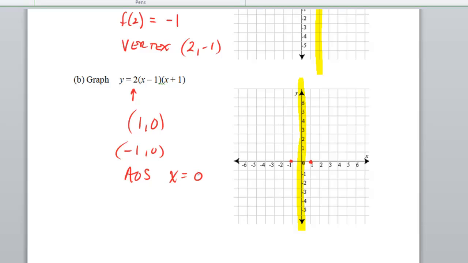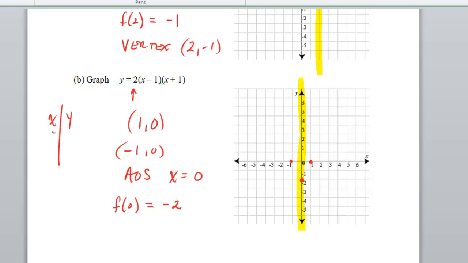Now, in finding the vertex, we just need to evaluate this for f at 0. And when we do that, we get simply a value of -2. And then we can plot 0, -2. Now again, this doesn't give us a real clear picture of where we need to be.